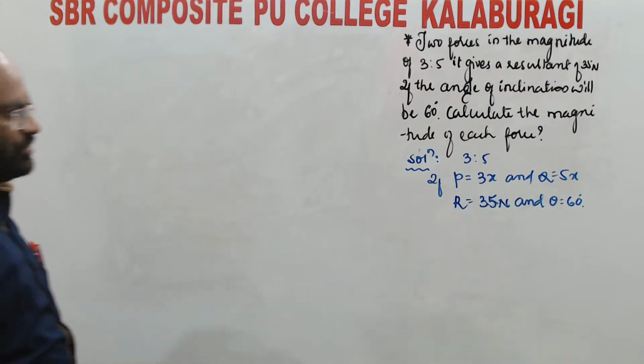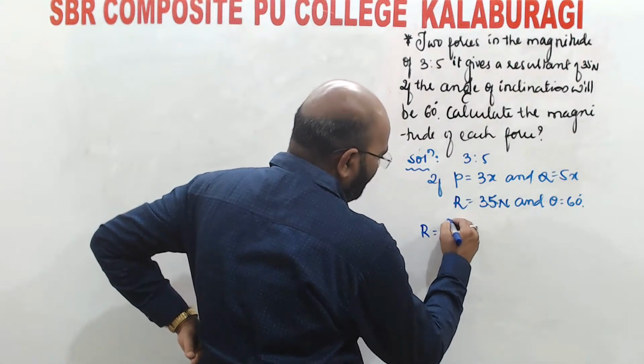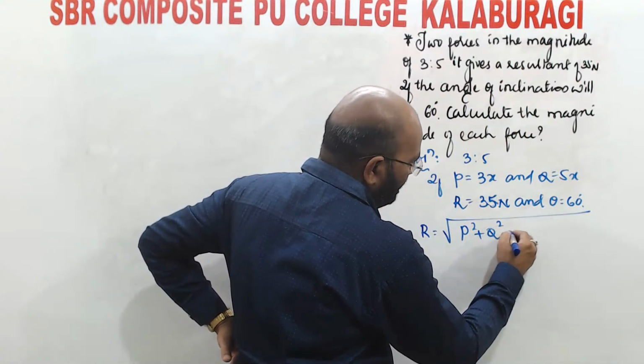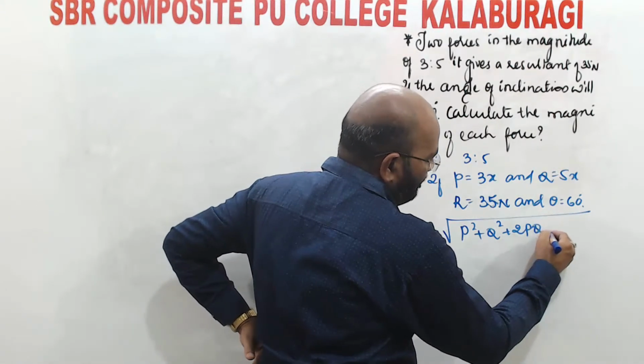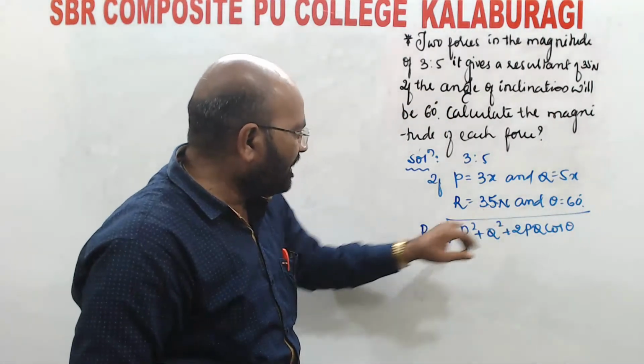From the resultant formula, resultant R is equals to under root of P square plus Q square plus 2PQ cos of theta. We know the resultant value is 35 Newton.